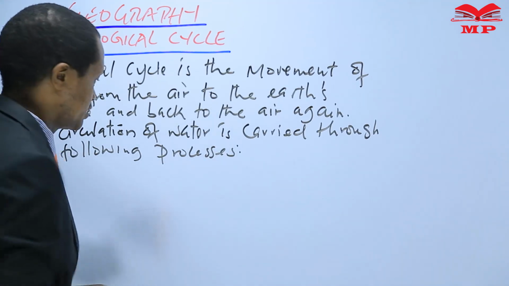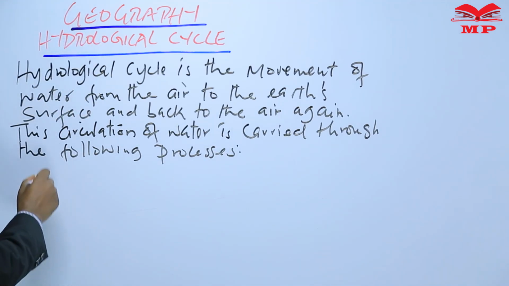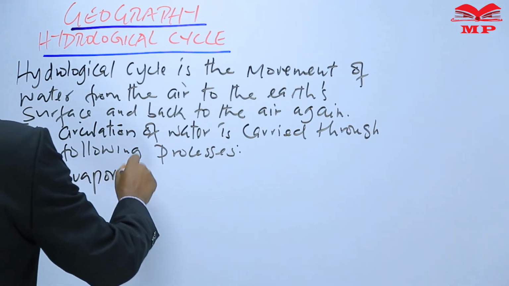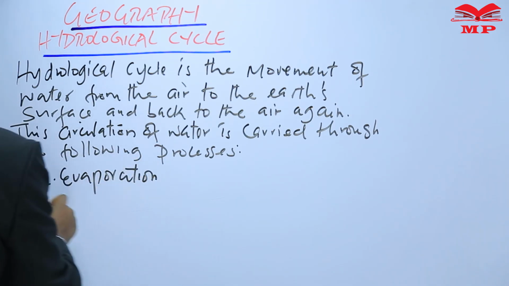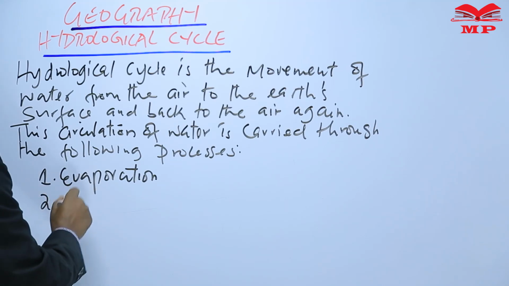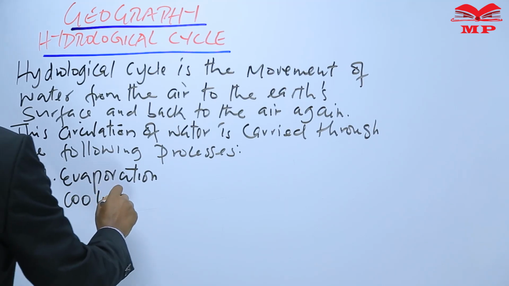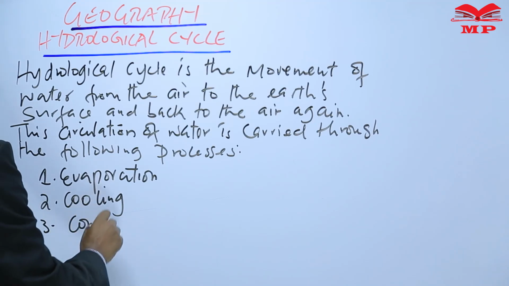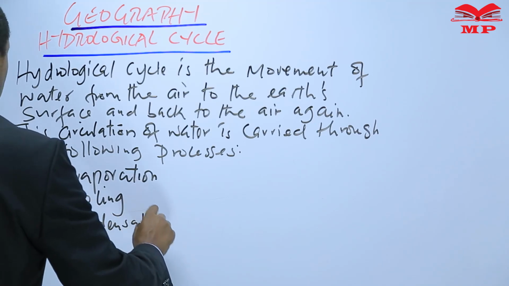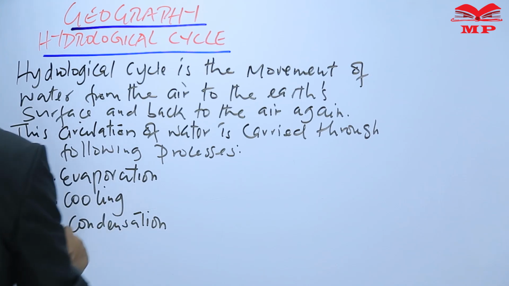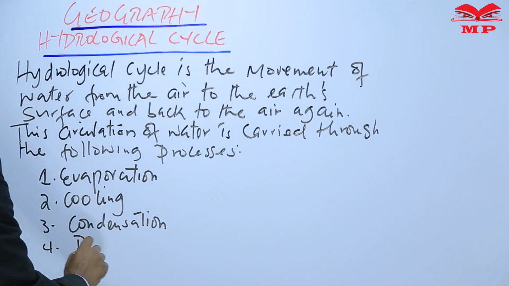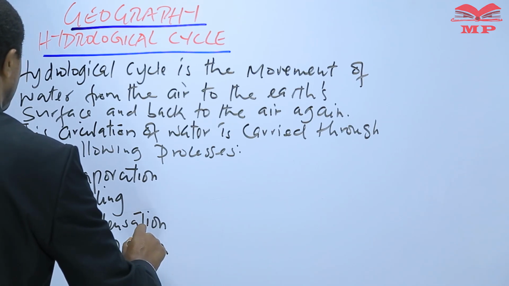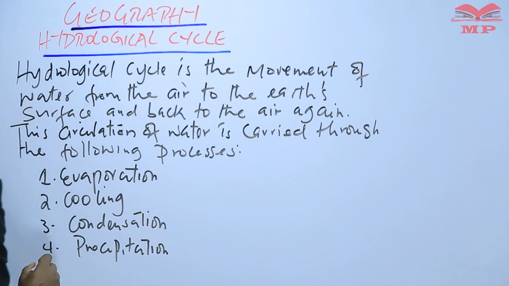The first process is evaporation. Number 2, cooling. Number 3, condensation. Number 4, precipitation. Number 5, surface runoff.